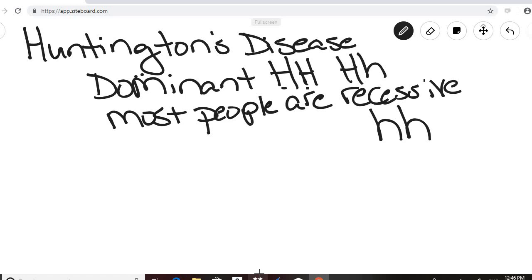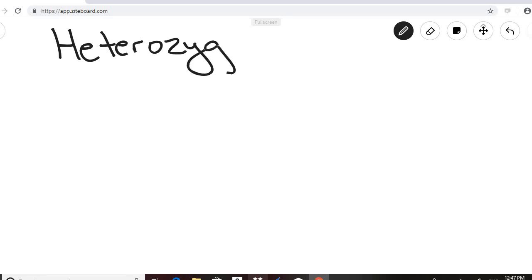So here's what can happen if you have a person who has the disease. Let's say this person is heterozygous, and they have the disease. So they would be capital H, lowercase h.